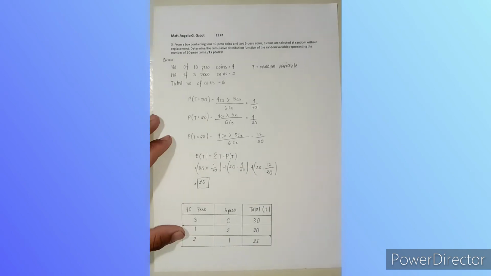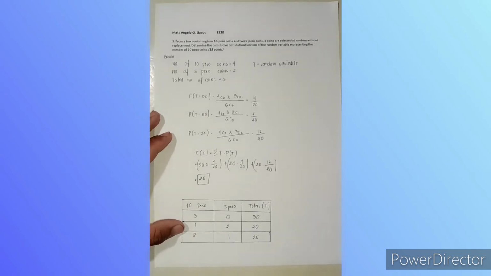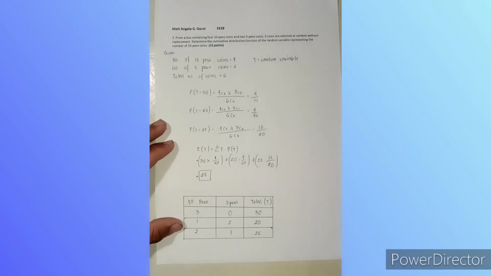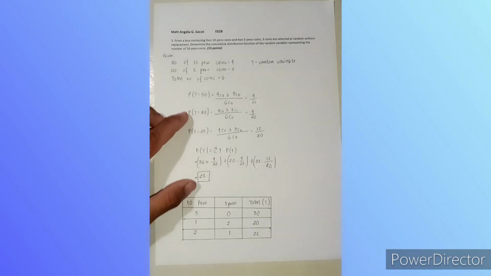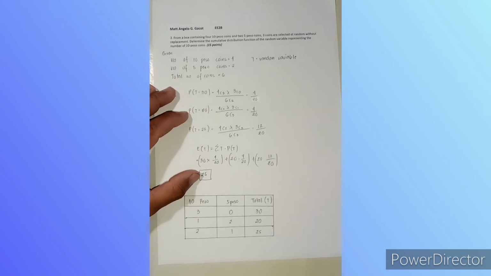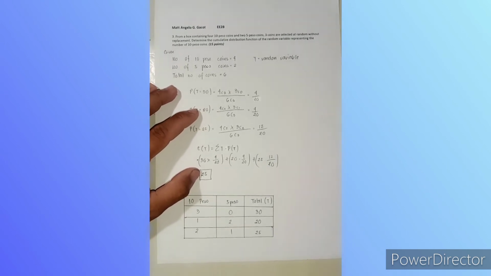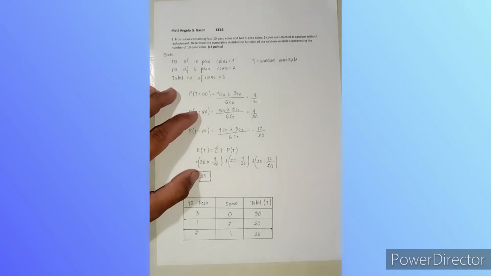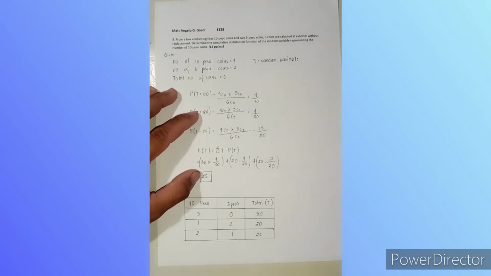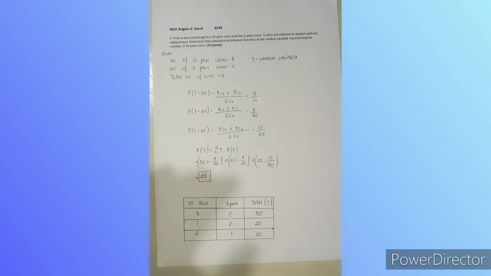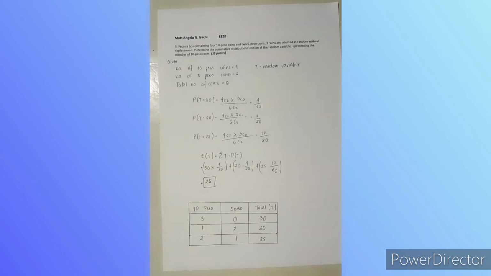So, our T is a random variable. P(T = 30) is equal to 4C3 times 2C0 all over 6C3, which is equal to 4 over 20.